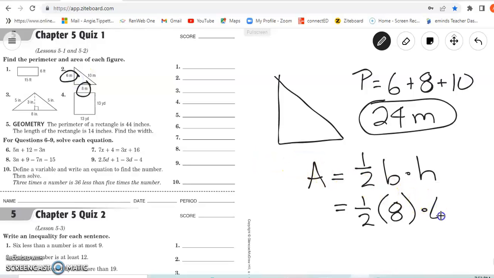The 2 lines that make the right triangle. Half of 8 is 4. 4 times 6 is 24. This is in meters squared. Remember, dimension of meters times meters gives us meters squared. Okay? That'll get you started, and then we'll come back and check the rest of these together.